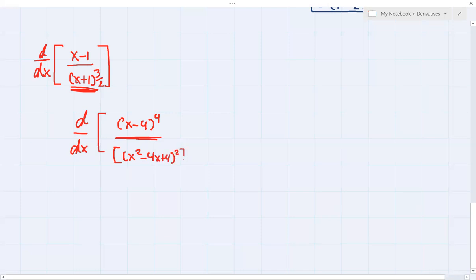Okay? Ay, hindi pala square. Kumbaga, cube of the square of x squared minus 4x plus 4.